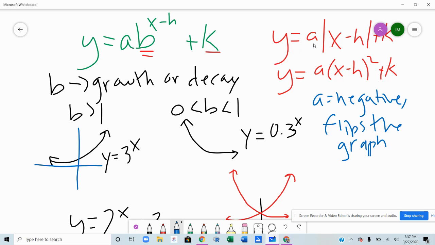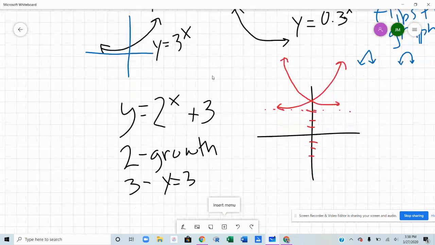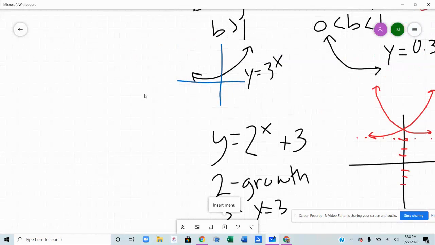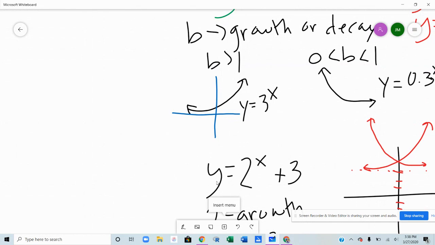So in our absolute values, which look like V's, if it was negative, it's going to be an upside down V. In our quadratics, which look like U's, if A was negative, it's going to make your U upside down. Okay. With exponentials, that's the same concept. It's going to flip your graph upside down if A is negative.